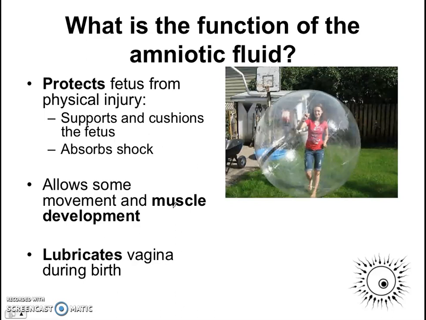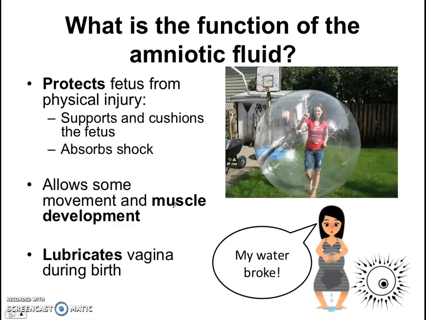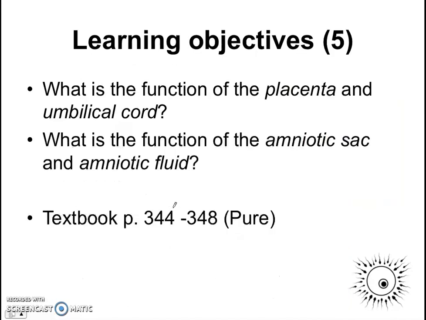The fluid is released and it helps to lubricate the vagina for a smoother process during birth. So when a pregnant woman says that her water broke, that actually refers to the amniotic sac breaking and the fluid coming out and the baby ready to be delivered.